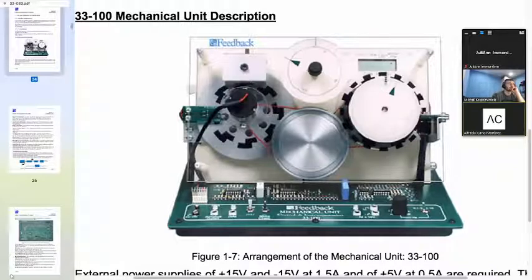So the magnitude of the voltage coming out of the 360 potentiometer will tell you how far away you are from the 0 reference. So if the voltage is small, that means the arrow is very close to the reference, which means the position is very close to 0.